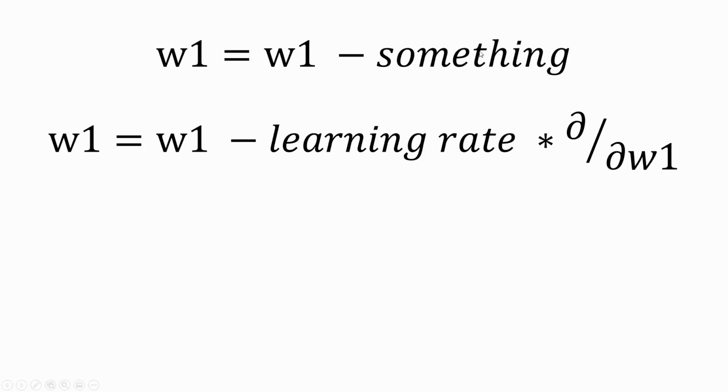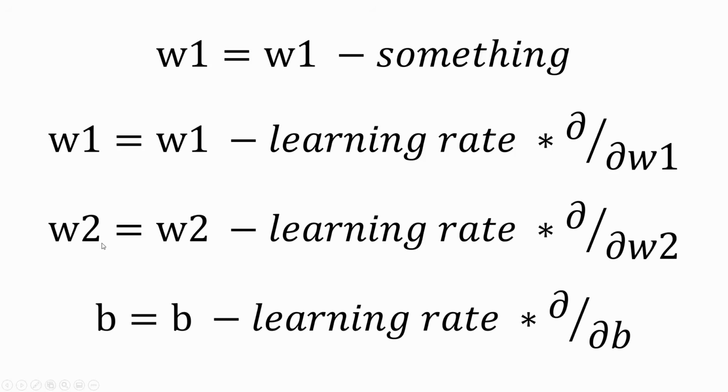You can say that something is actually learning rate times this derivative of loss with respect to W1. Learning rate is usually 0.01, that's the value people use, but it's a small value so that you don't adjust your weights too drastically. So learning rate is just limiting your derivative function. And what this is saying is how the loss is changing for a given change in W1.